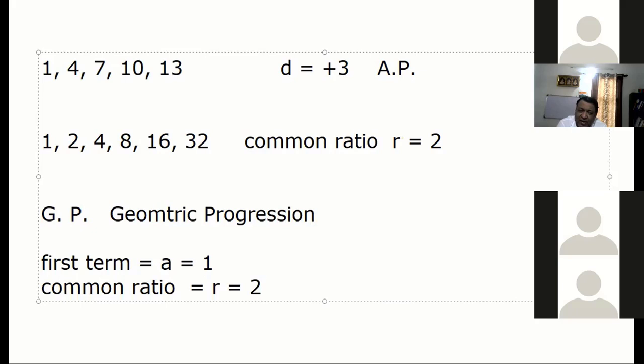So how to identify whether it is a GP or not? Just divide the second term by the first term, or the third by the second, or the fifth by the fourth, or the 100th by the 99th, whatever. The ratio of two consecutive terms will give you the common ratio R. That is the magic of GP. Okay, everyone?